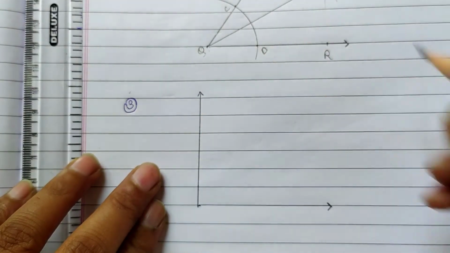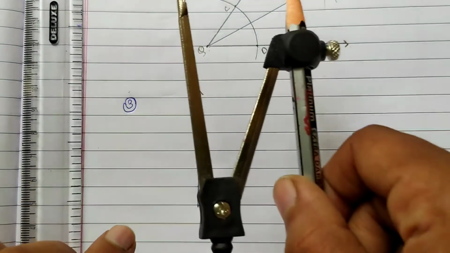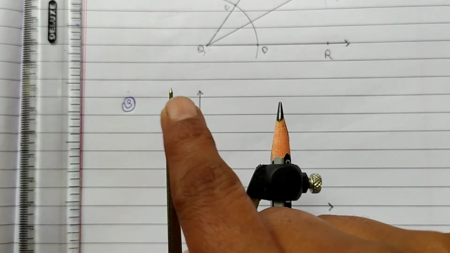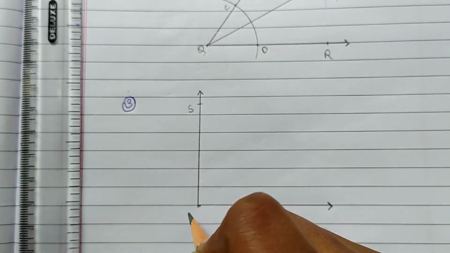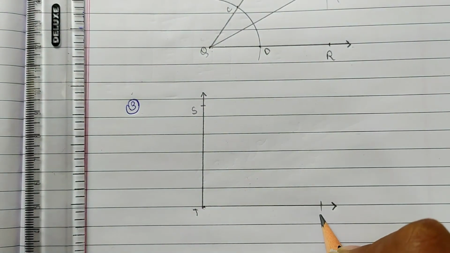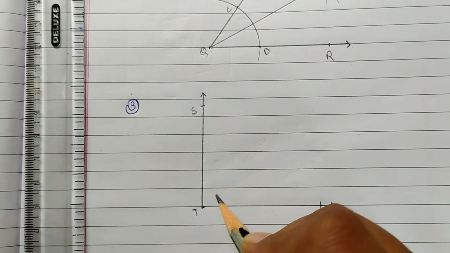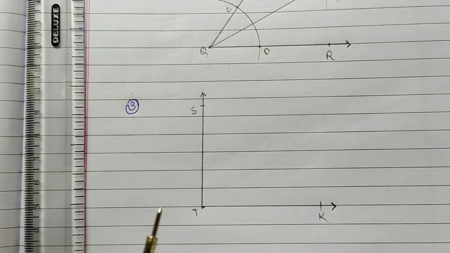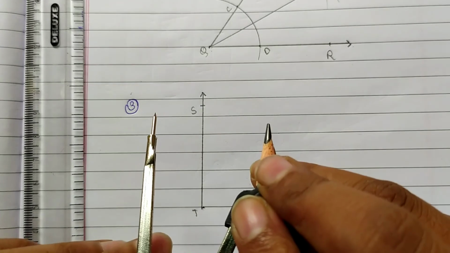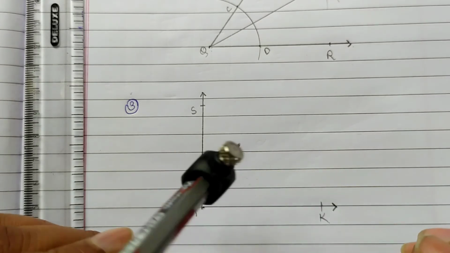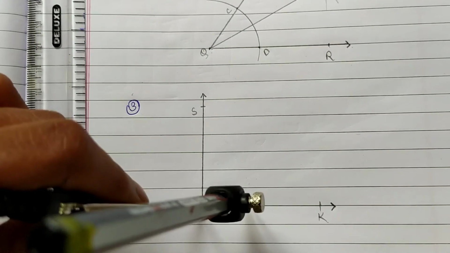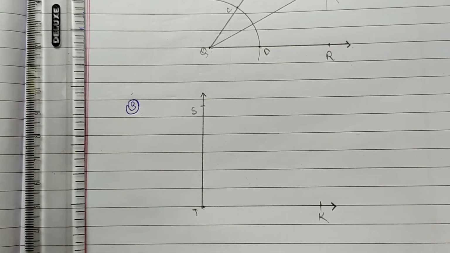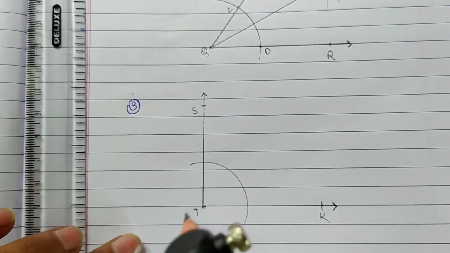Mark here arrow. Now take a compass and give the angle a name STK, and put the metal point of compass on T. Taking a convenient distance, we are going to draw an arc which is intersecting TS and TK like this.